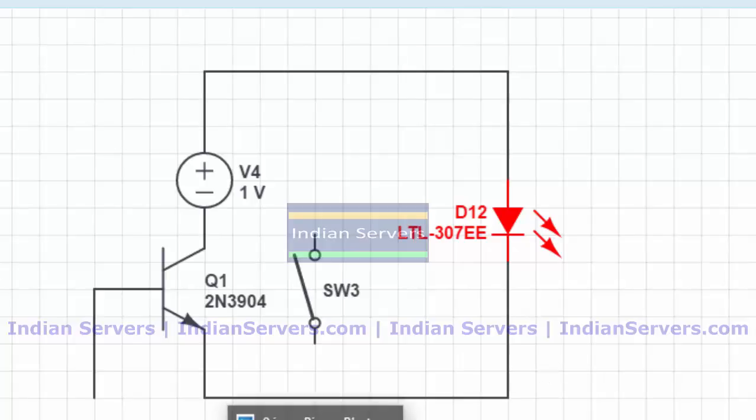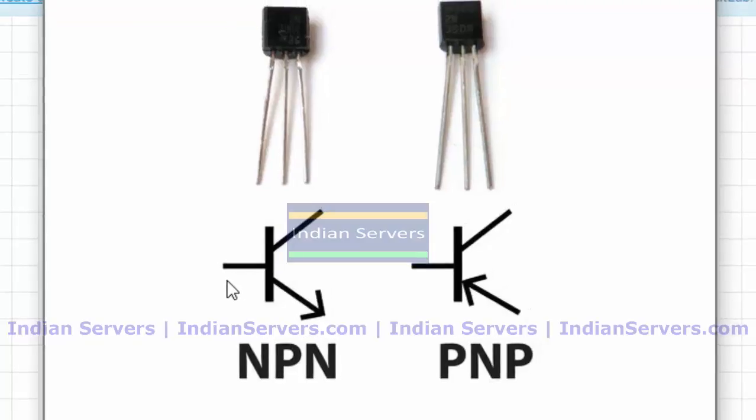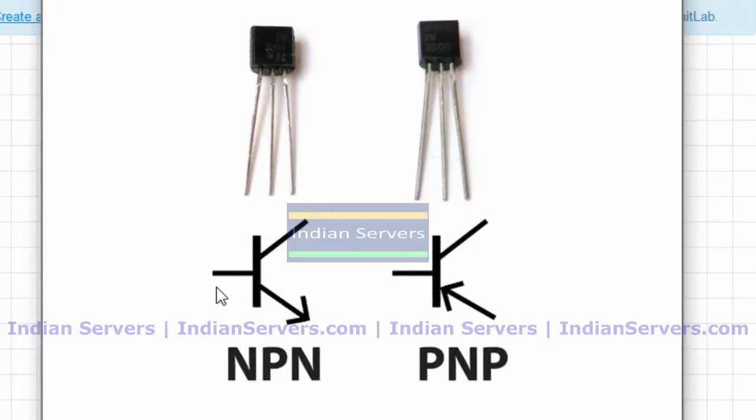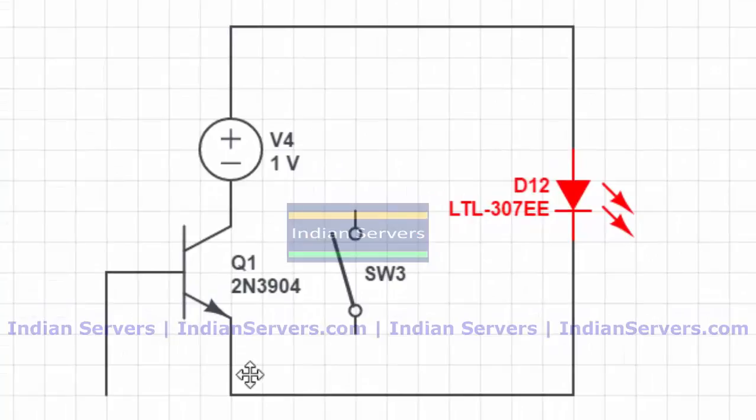Coming to the types of transistors, we have two types. One is NPN and another one is PNP. The main difference between NPN and PNP is, to activate an NPN transistor we should give 5 volts, that means a high pulse, to the base terminal so that it will get turned on. That high or 5 volts can be obtained from the controller.